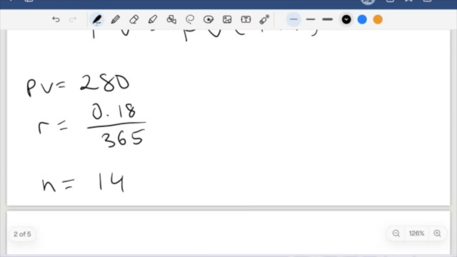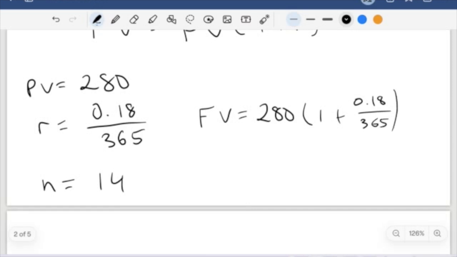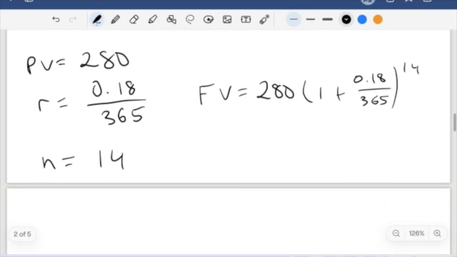Now, substituting this all in, we get that our future value equals $280 times 1 plus, and the rate we're going to write in is 0.18 divided by 365. And we're going to take this to the power of 14.